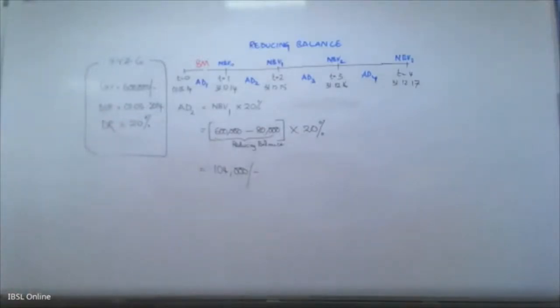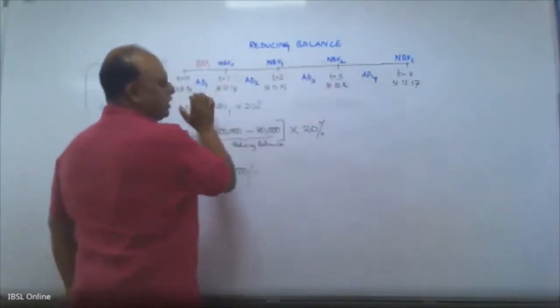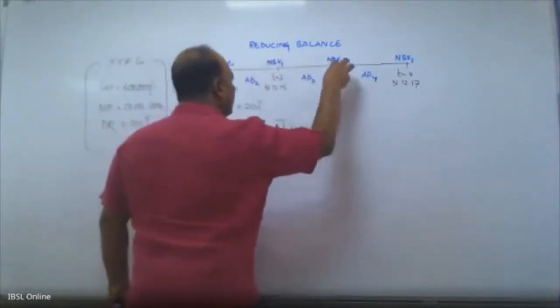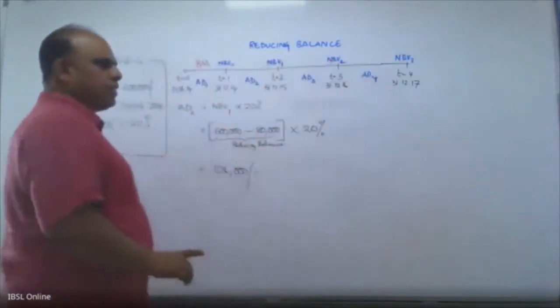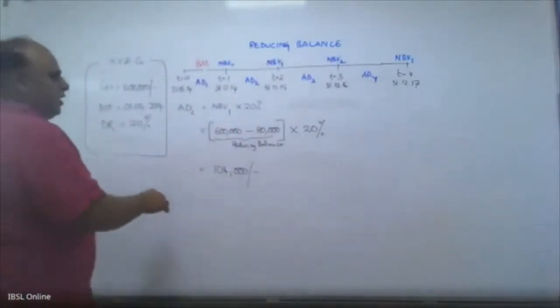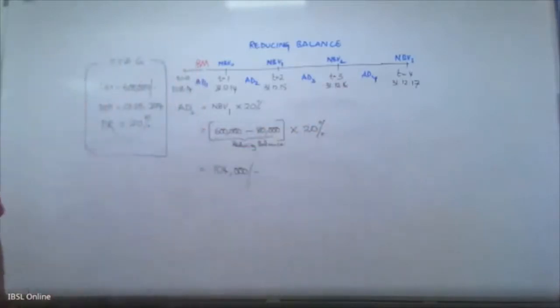Now this is the difference between going into the straight line method and the reducing balance method. Under the straight line method, in every financial year, other than the first financial year, if you are going by the prorate method, in every other financial year, the annual depreciation will be equal. Now here, it will not be equal in any financial year. It will be always different to what you had last year.